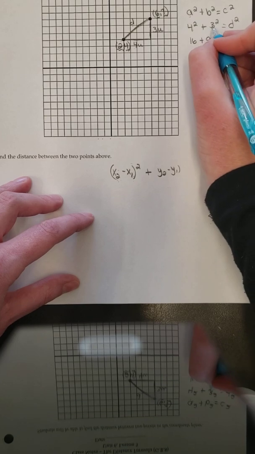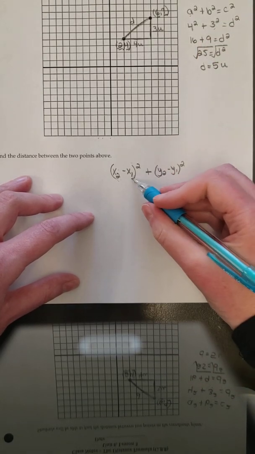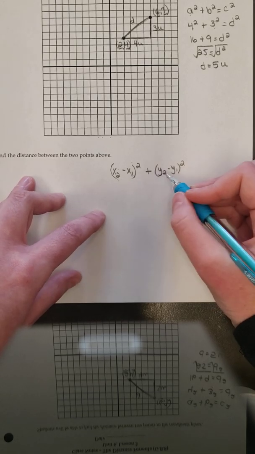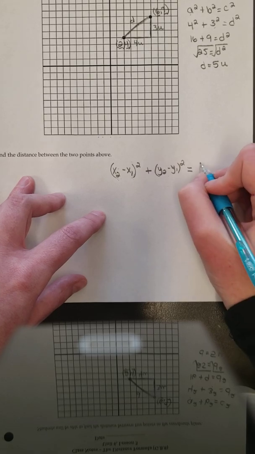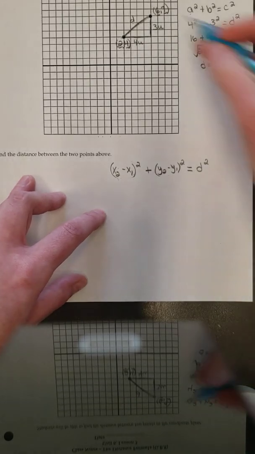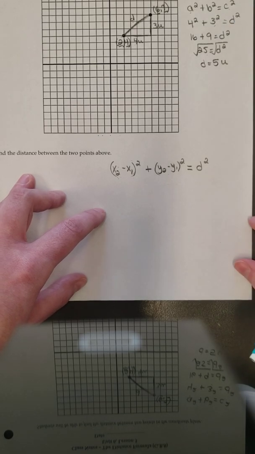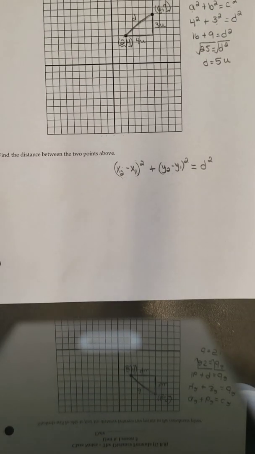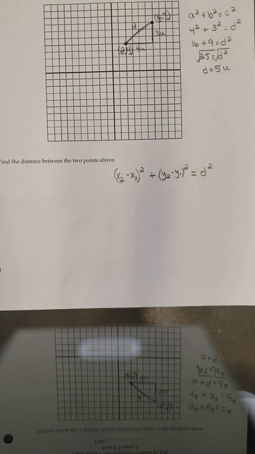Now, once I have the 3, what do I have to do? I have to square it. So x2 minus x1 squared plus y2 minus y1 squared, that is all going to equal your distance squared, right? D, we substituted in for C. D is our hypotenuse. So that looks pretty complicated, but hopefully that makes sense.